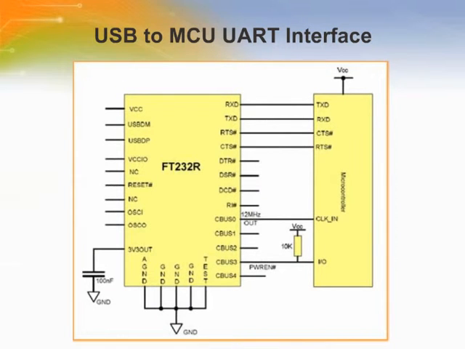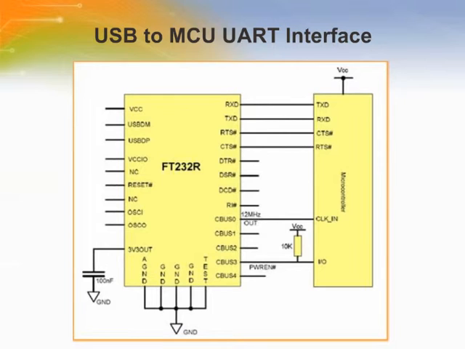Here we illustrate the FT232R used as a USB to microcontroller universal asynchronous receiver transmitter interface. In this configuration, the FT232R uses TXD and RXD for transmission and reception of data, and RTS or CTS signals for hardware handshaking.